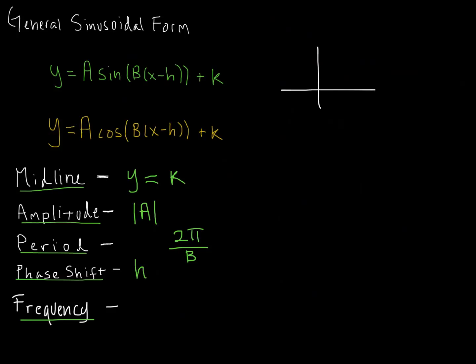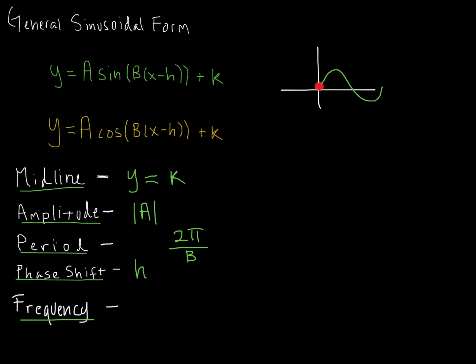I want to talk very briefly about frequency. The easiest way to think about the frequency, and let me go ahead and just graph a sine function like this, is that the frequency is the number of full cycles that are made in every single 1 unit. So if you're thinking about a sine curve like this, it makes a full cycle every how many radians?